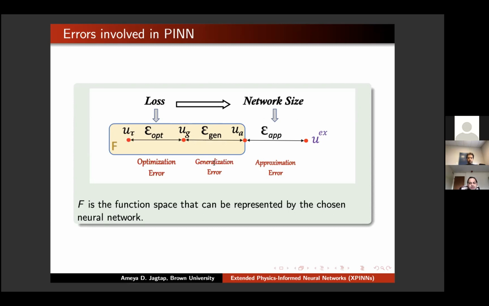So the next point is generalization error does not depend upon the loss function or the network size, but it does depend on the number of residual points which you use to evaluate the residue of the PDE and their locations.